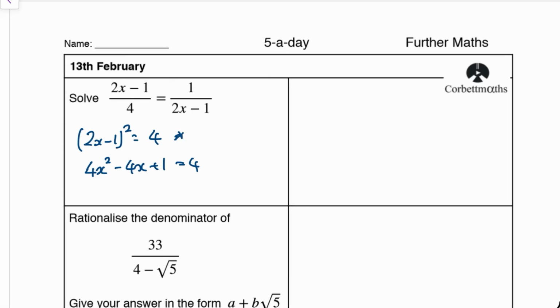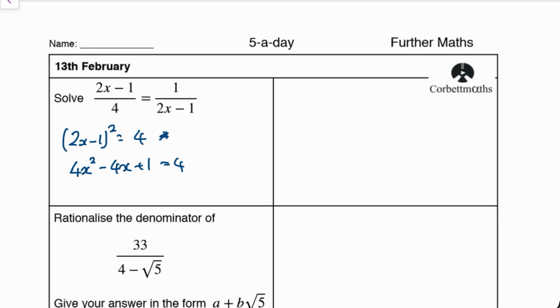And therefore that will actually, come to think of it at this stage, because I'm solving, it's probably better not to expand, is it? So I'm going to leave this here, and instead of doing a quadratic, I'm just going to solve it the way it is. So let's do the square root of both sides, which is 2x minus 1 equals plus minus 2. Let's add 1 to both sides, so 2x equals 1 plus minus 2, and therefore x equals a half of 1 plus minus 2.